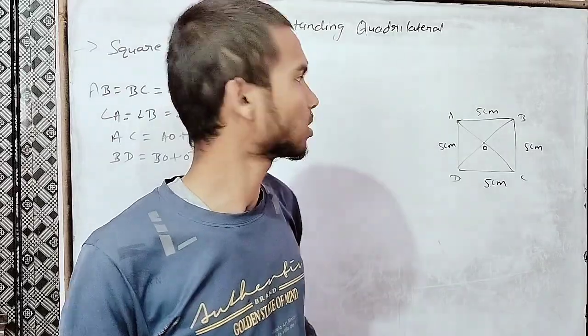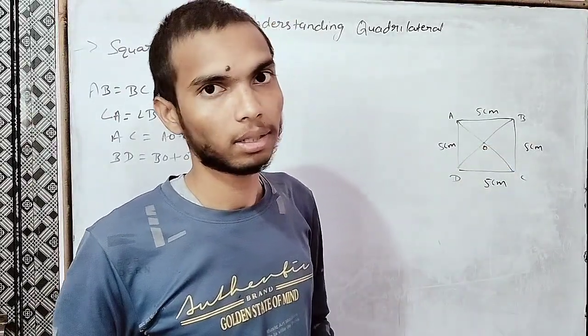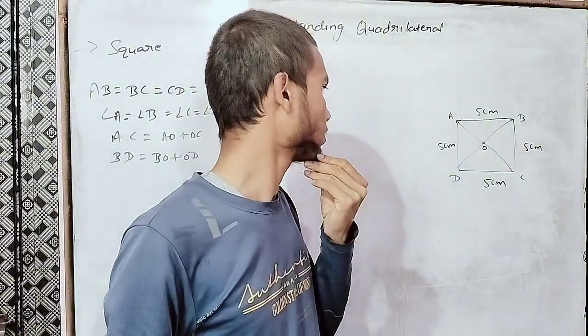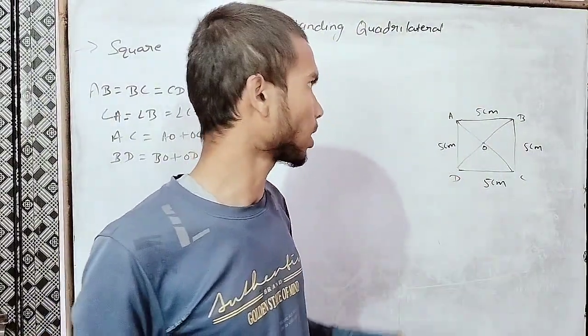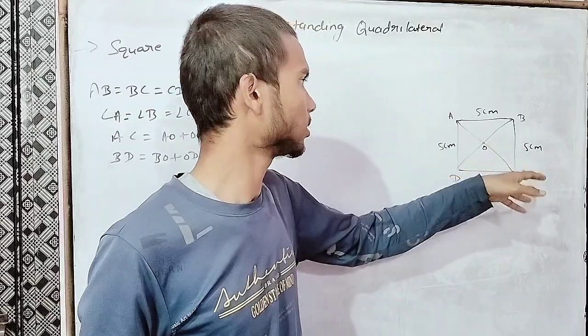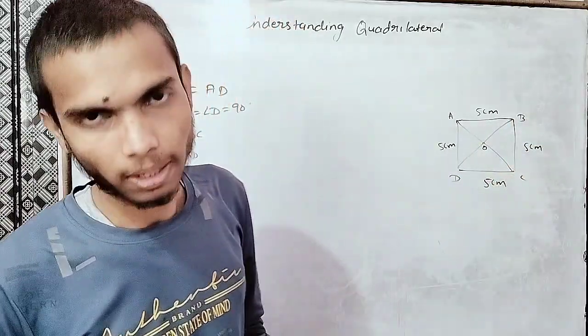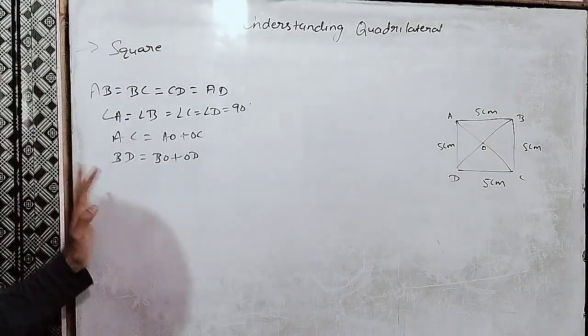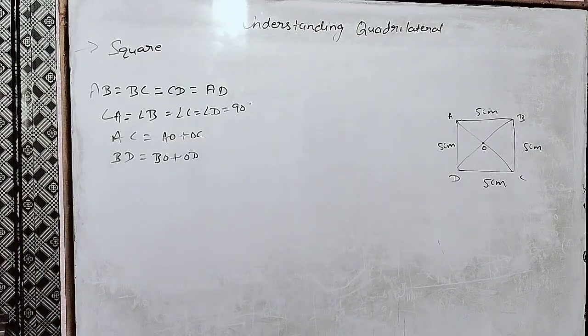These are not 90 degrees, but at the vertices ADC and DCB, it is 90 degrees. I think it will be sufficient to understand it. Just have a look. I think I will take questions.